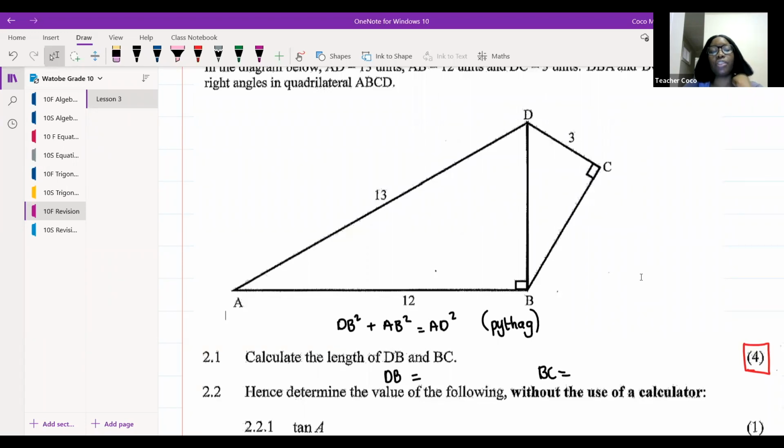Capital letters, Jonathan, don't forget. Good, Unako. Capital letters, Lihle.